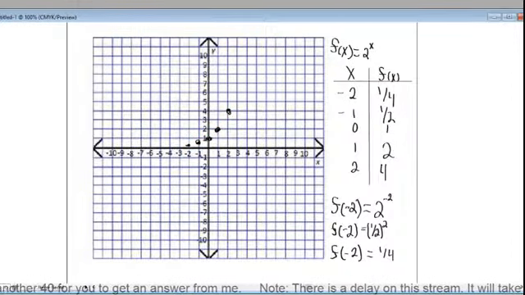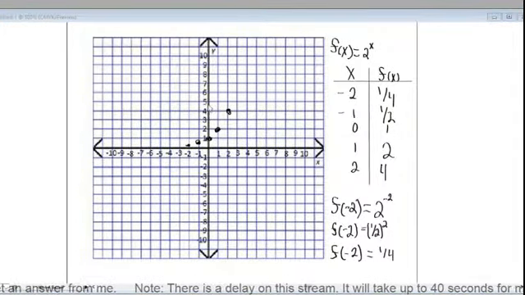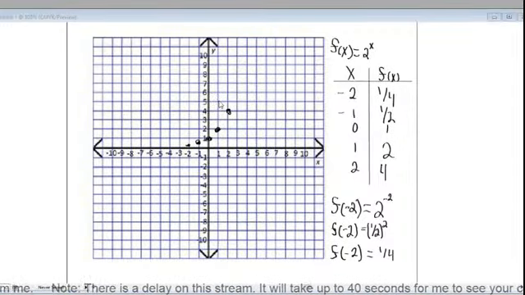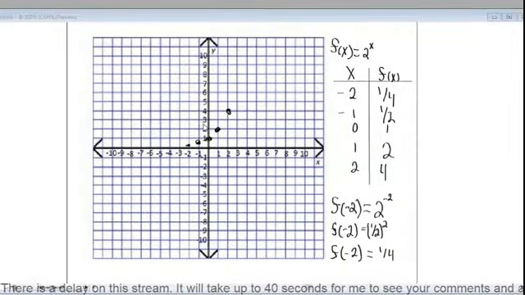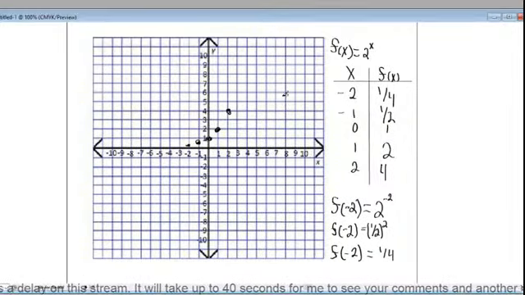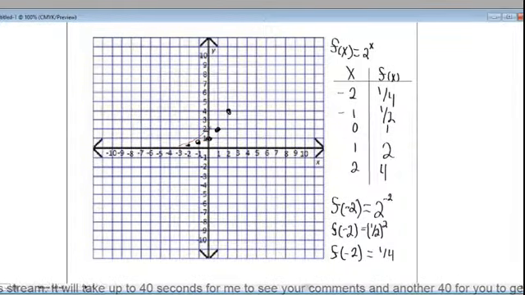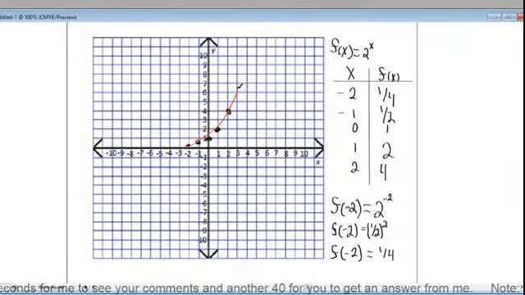Let's make this fidelity a little bit higher. Yeah, that's a little better. Okay, let's try to actually hit the points though. There.